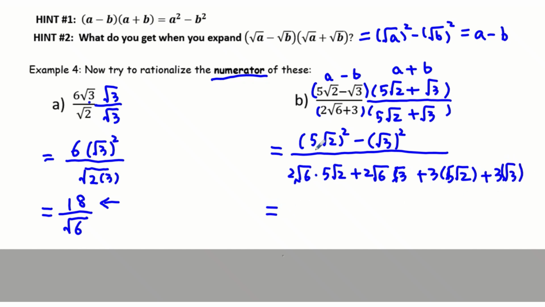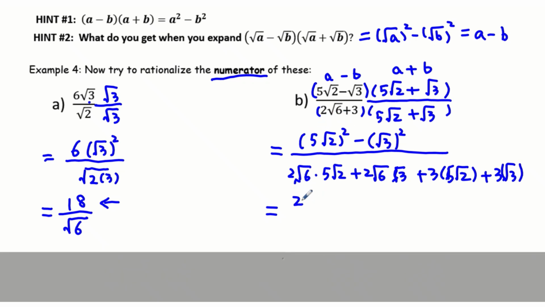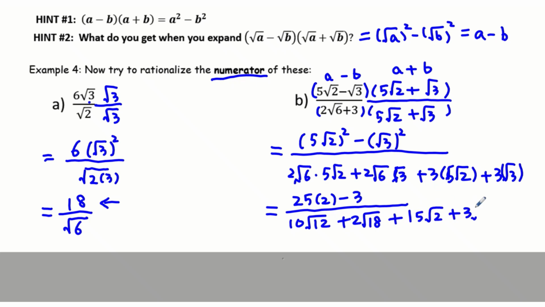Then 5 square root 2 squared, 5 squared gives you 25. 25 times 2 minus 3 all over 2 times 5 is 10, 2 times 6 is 12, 6 times 3 is 18, 15 square root 2 plus 3 square root 3.